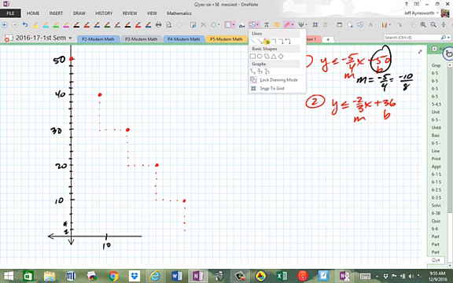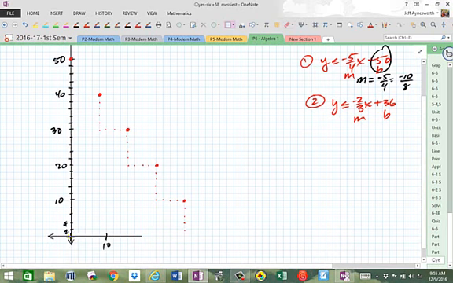So every 5: 20, 30, 40, that's 50. You should intersect at 40. There we go. This is correct. So count properly is what I'm saying. You got to be very accurate.